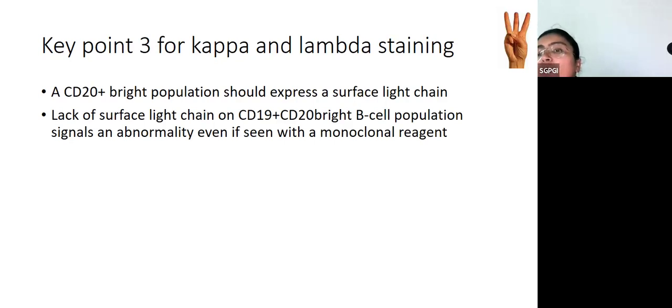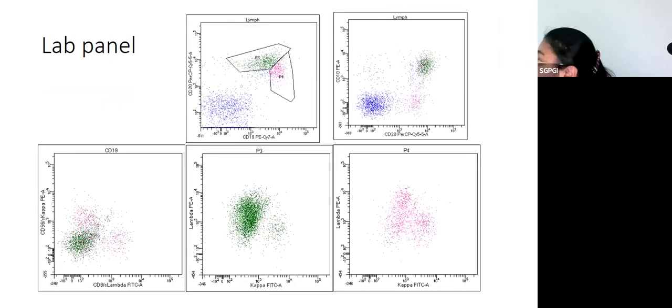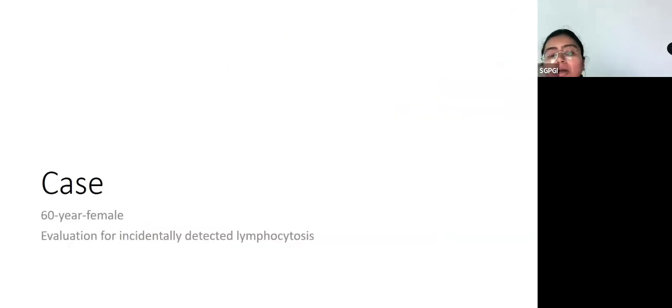If you have lack of light chains on the CD20 bright positive B cells, that also signals an abnormality. What I mean to say is that this plot on the left is an abnormality. This is an unexpected finding in this case. So that is something we keep in mind for germinal center B-cell lymphomas.